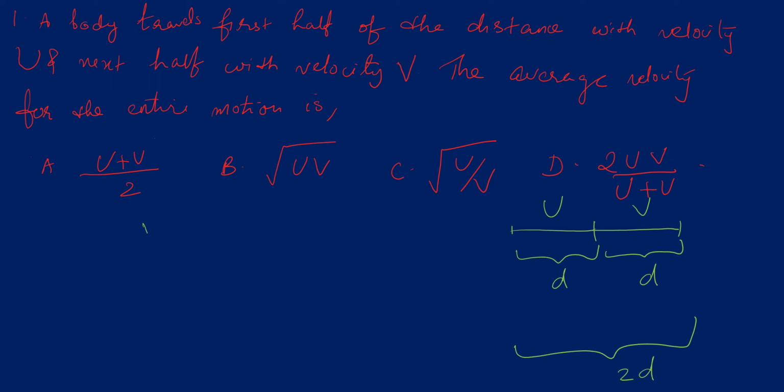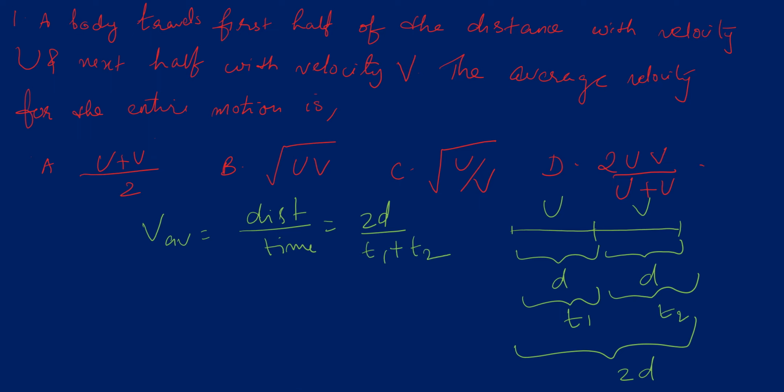We can write the average velocity as total distance divided by total time. So here the total distance is 2d, and let t1 be the time taken by the body in the first half and t2 in the second half. So we can write total time as t1 plus t2.